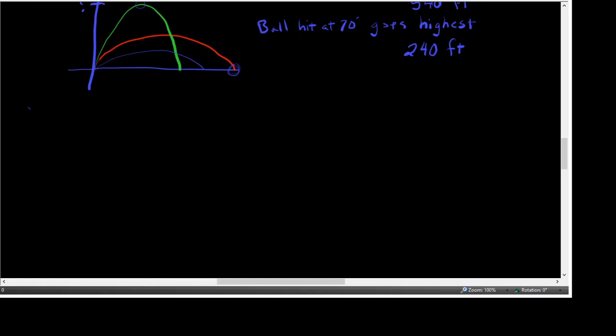Okay, so since this is projectile motion, we know that x is going to be the initial velocity multiplied by the cosine of the initial angle at which it's launched, 30 degrees, times t, and y is 64 sine of 30 degrees times t minus 16t squared plus the initial height.